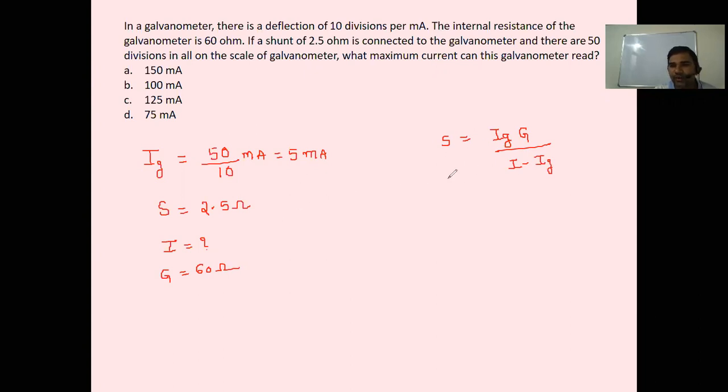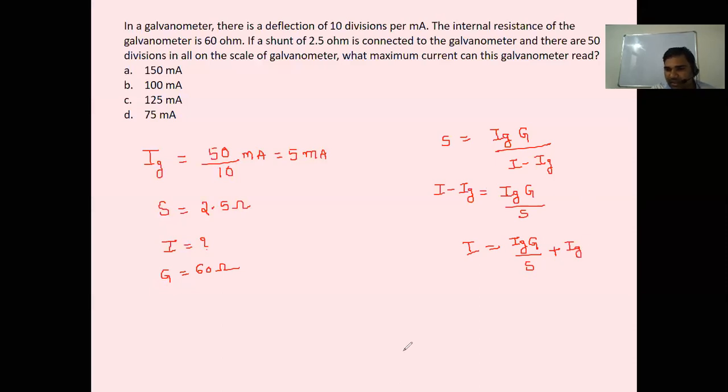So rearrange this formula. I minus Ig you bring to the left hand side, then it will become Ig G whole divided by S. Now this minus Ig, take to the right hand side. Therefore I is equal to Ig G by S plus Ig. Let us simplify this.